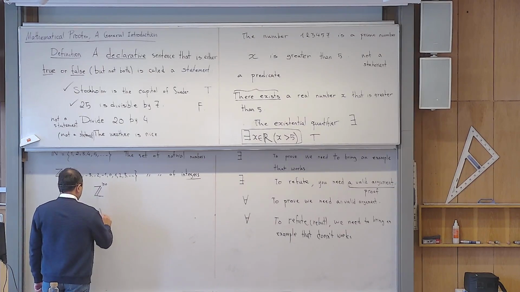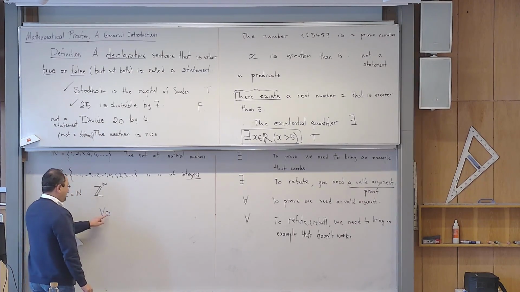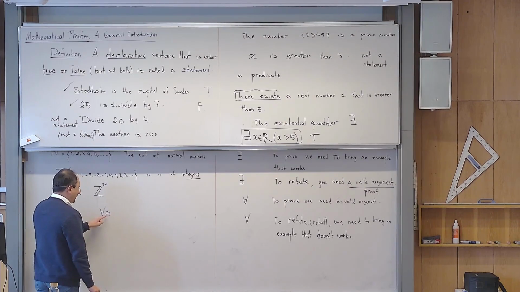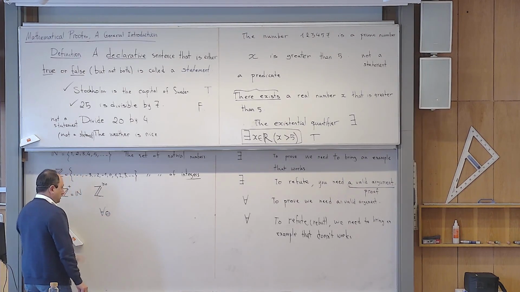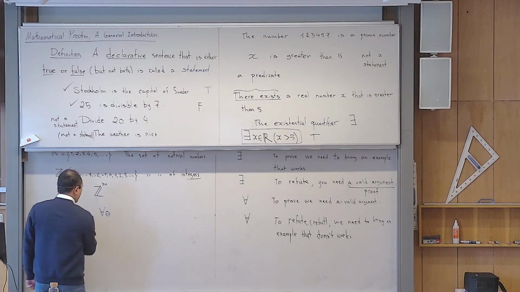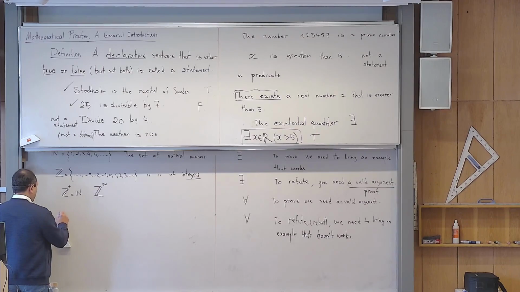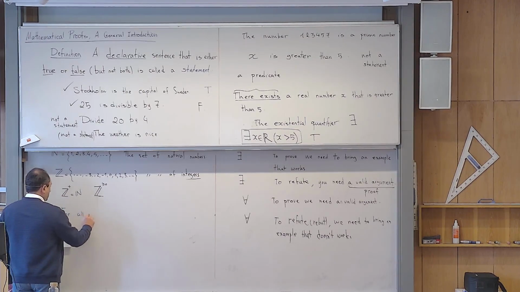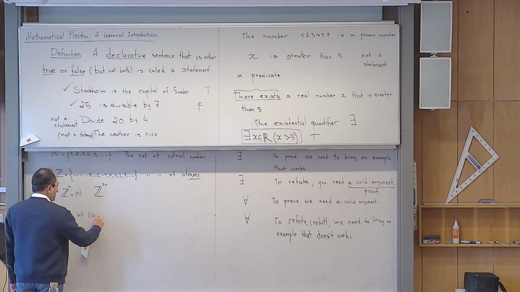So how do you read it? For all theta, okay? Let us write it in words. Theta is a trigonometric angle. For all, by the way, you can also write for any. They mean the same thing from an English point of view.